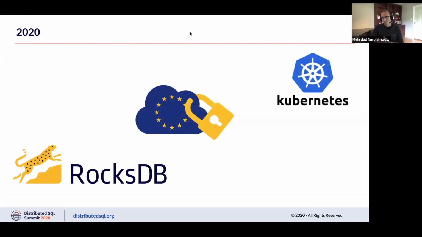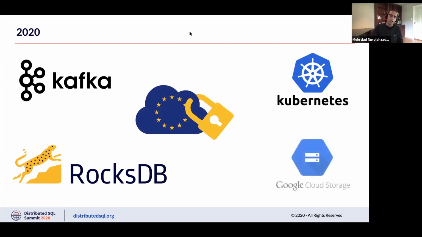Kubernetes is ongoing; we're porting Manhattan to run under Kubernetes. We're rebuilding our cross-DC or cross-region replication feature on top of Kafka. And as I mentioned, we are integrating public cloud storage into our import and export pipelines.